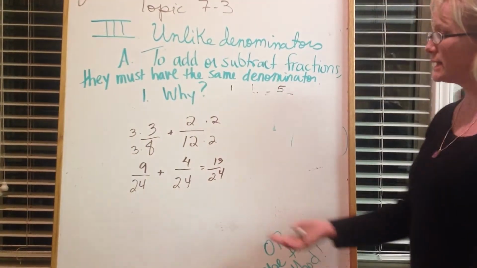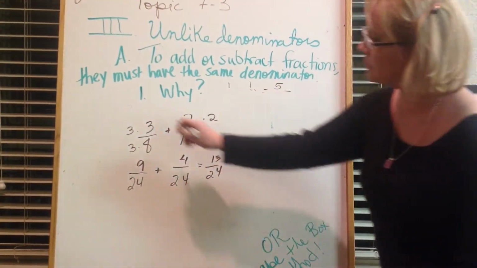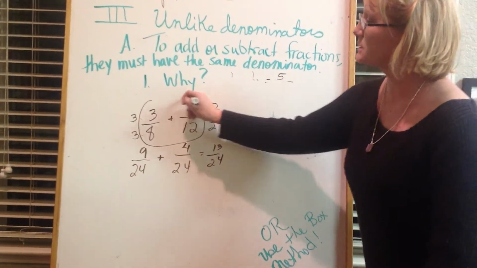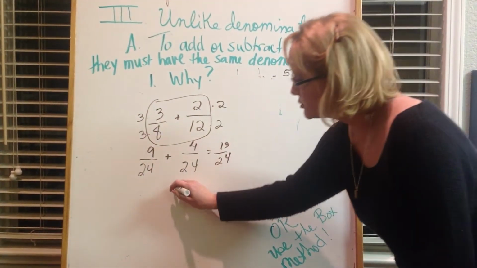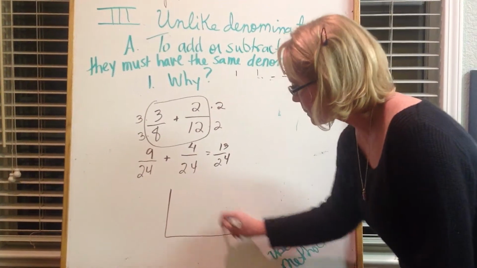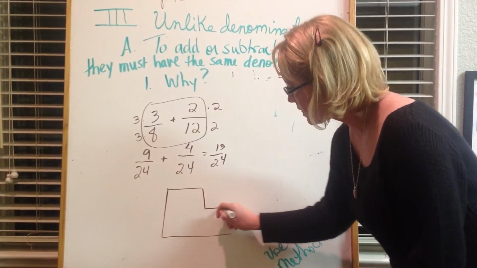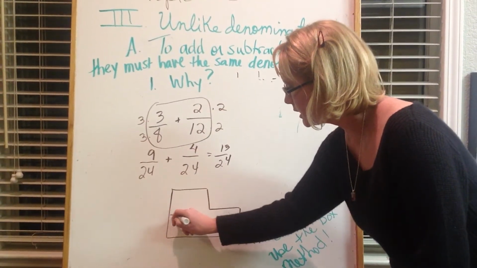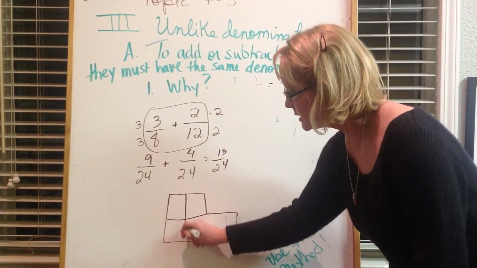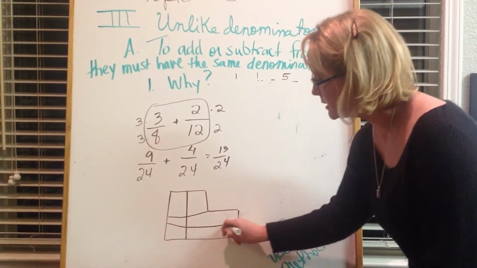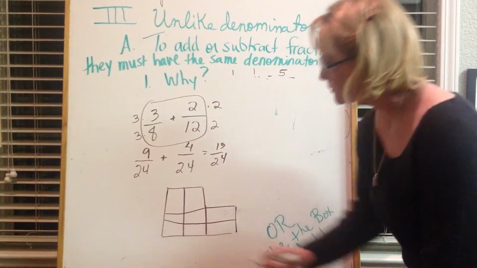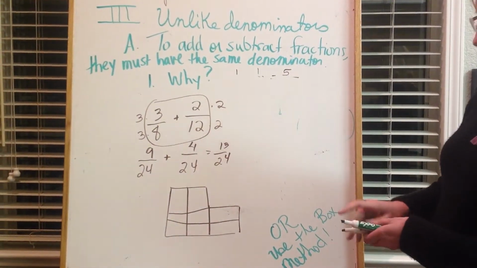I'm going to show you how to get that same answer with our original problem right here, using the box method. So what you're going to do is you're going to draw this box like this. You draw a line here, and a line here, and another line here, and another line here. And we'll do this in class a couple times as well.